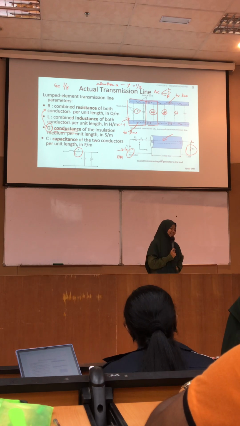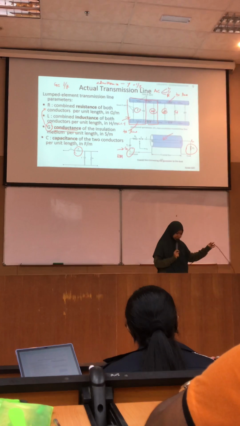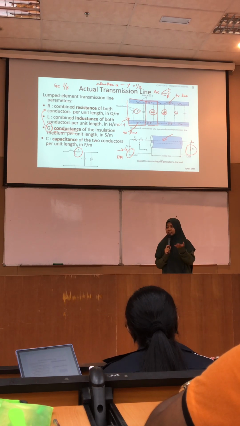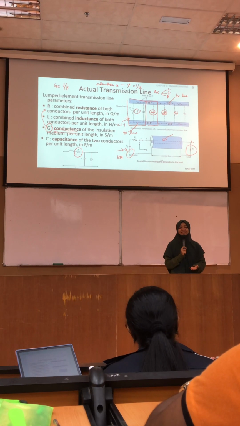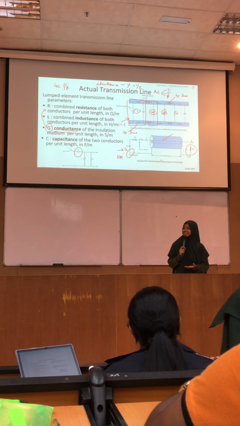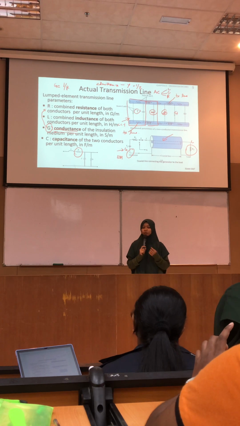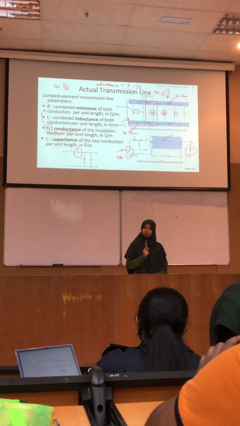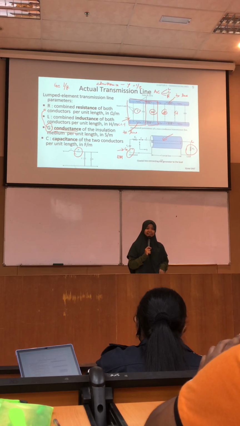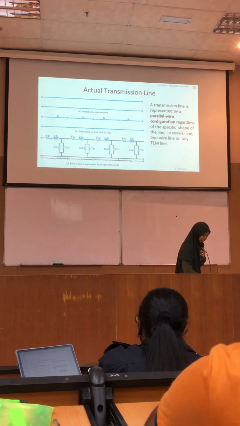Okay, so back to it. What is resistance? What is the difference between resistor, inductor and capacitor? Capacitor, charge and discharge. Inductor? Store current. Which one is storing current? Inductor only? Inductor and capacitor. Inductor stores in a magnetic field.